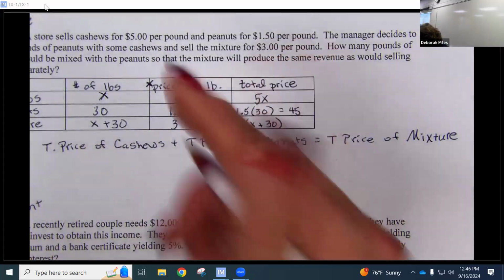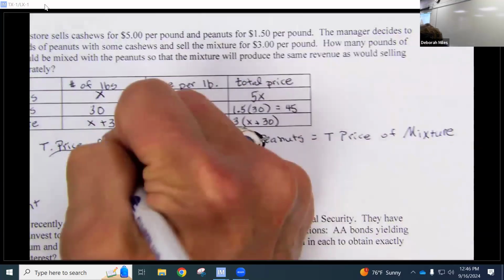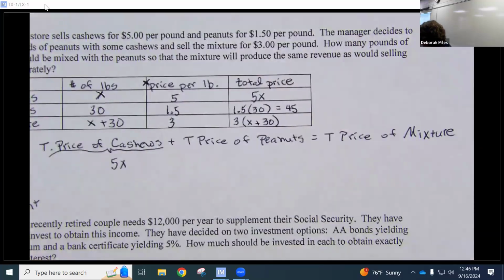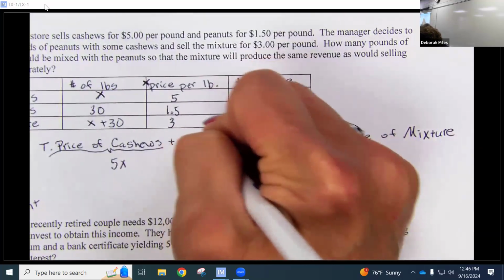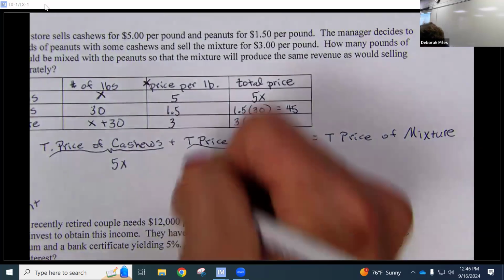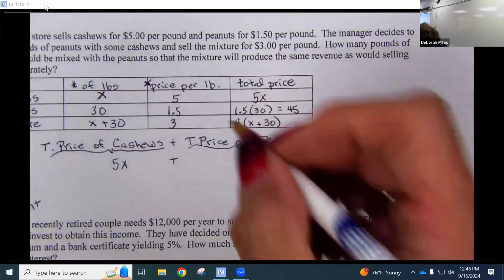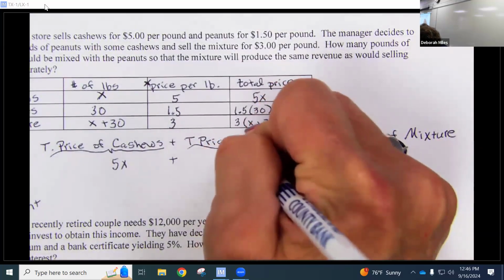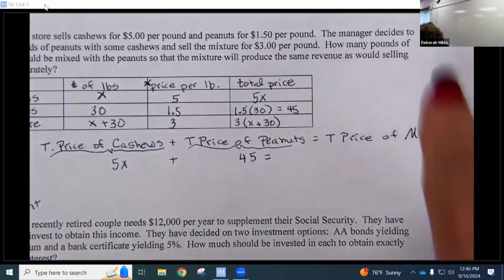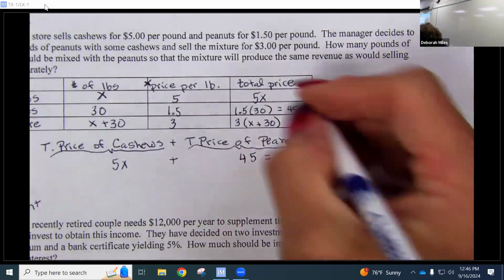And for price of cashews, we can put in 5X. And for cost of peanuts, we can put in what? 45. And for total price, we can put in 3 times (X plus 30).